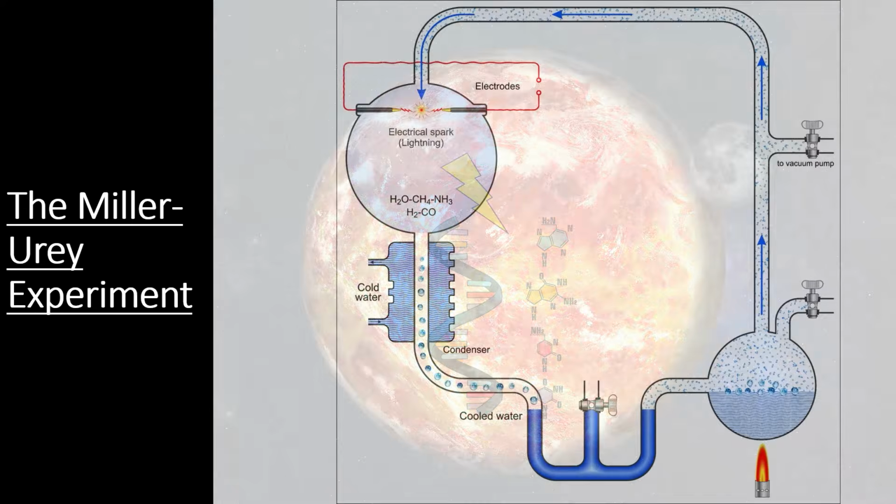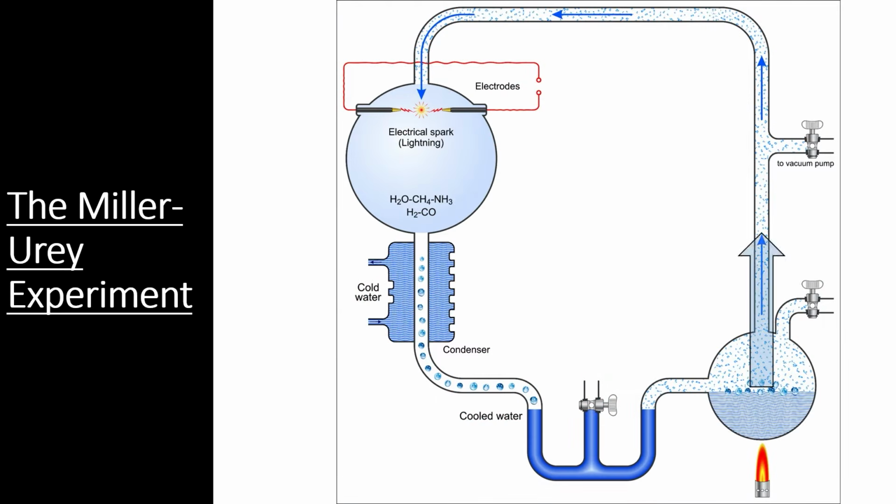The team created a system in which water vapor was allowed to react with simple atmospheric compounds such as hydrogen gas, methane, and ammonia, while being subjected to powerful electrical shocks to stimulate lightning in the early atmosphere. The scientists found that not only did these molecules combine in unique ways, but they started to create some of the same molecules produced by biological organisms, such as the complex carbon-based molecule urea.